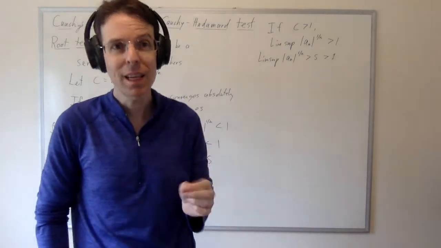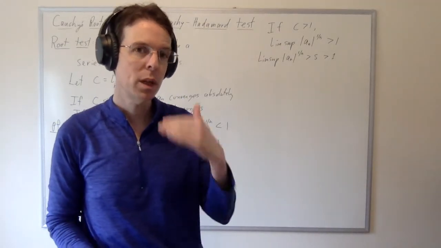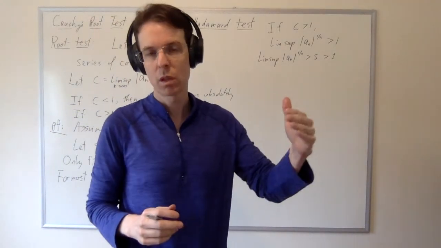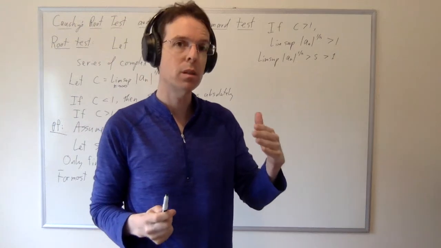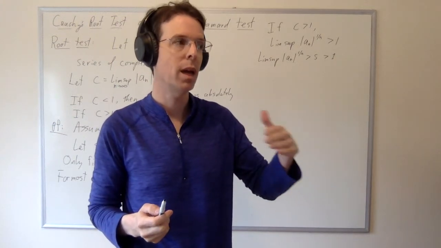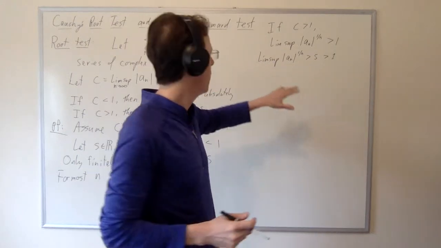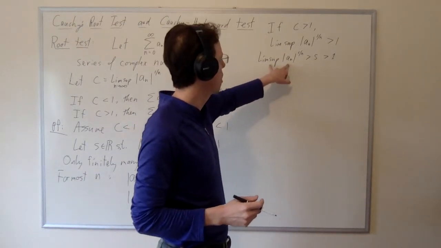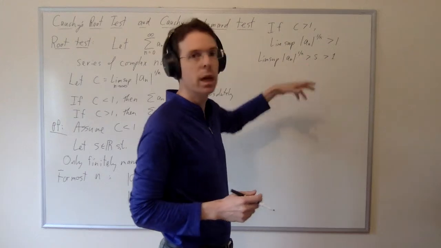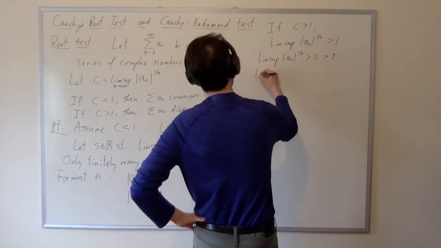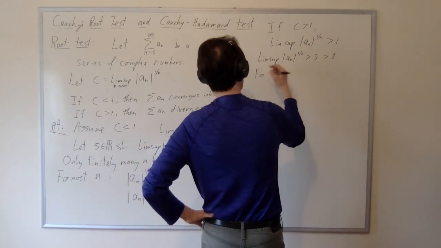Now, if S is strictly less than the lim sup, and some infinite subsequence of a_n converges to this greater number, then that must mean that infinitely many of these terms, a_n to the 1 over n, exceed S. So this is not all but finitely many, but infinitely many.